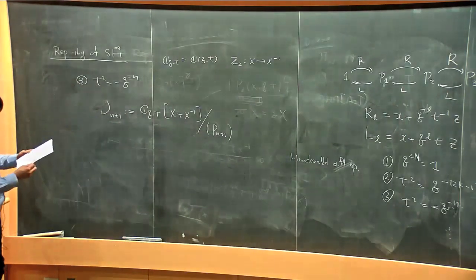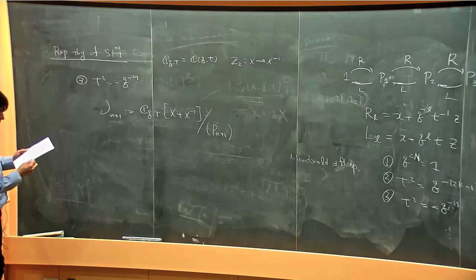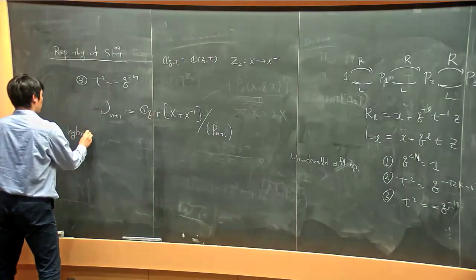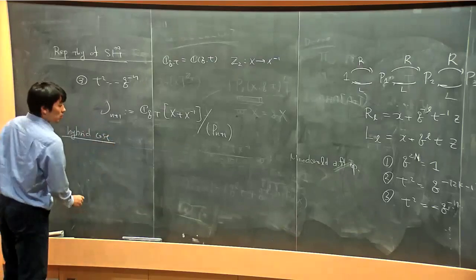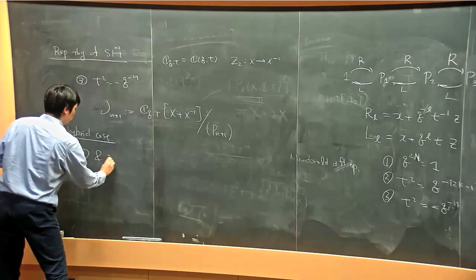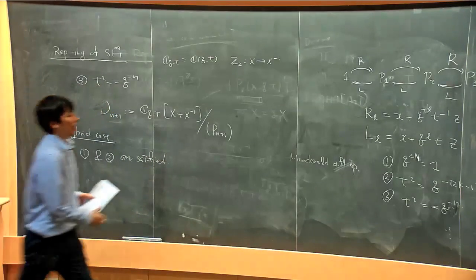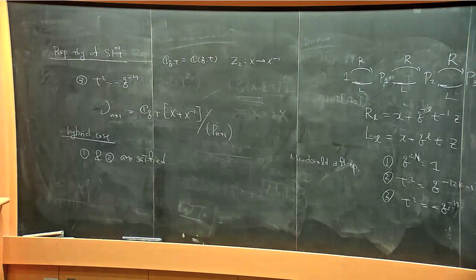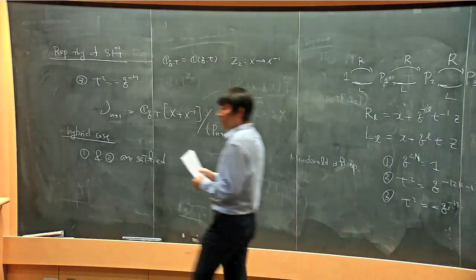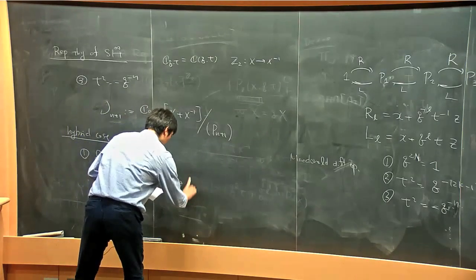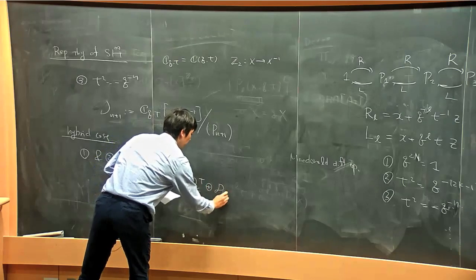And one can consider the hybrid cases. For instance, when both 1 and 2 are satisfied, in this case there are 3 finite dimensional representations, U, F and D. In this case, you can have a short exact sequence: Un goes to dk plus dk minus goes to 0.